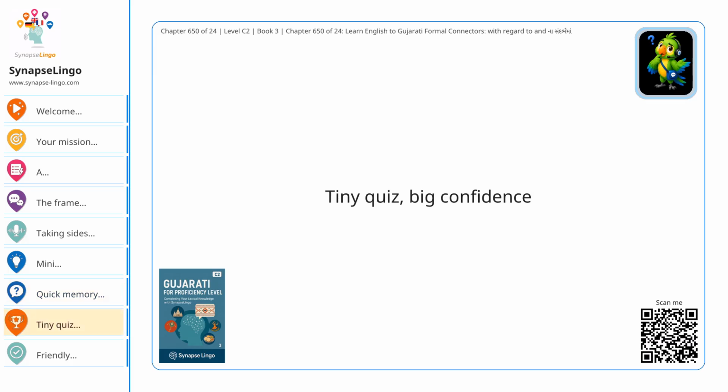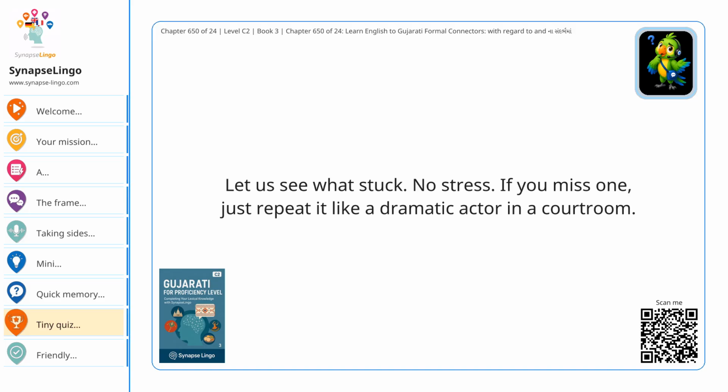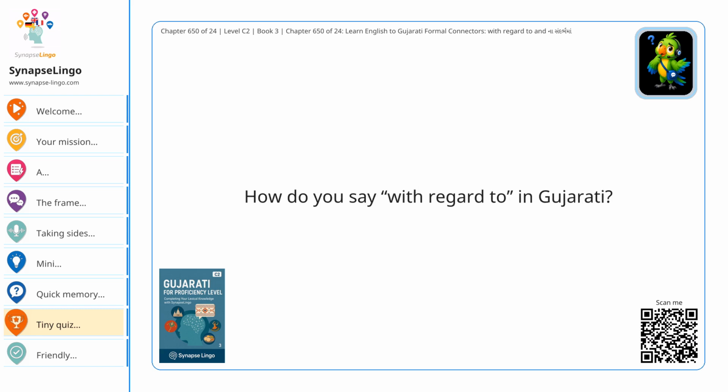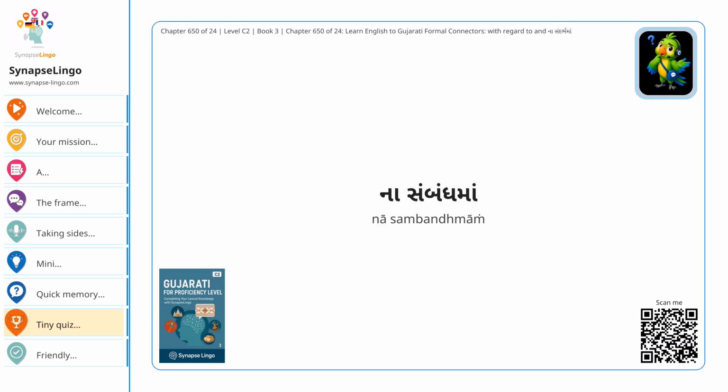Tiny quiz, big confidence. Let us see what stuck. No stress. If you miss one, just repeat it like a dramatic actor in a courtroom. How do you say, with regard to, in Gujarati? ના સંદર્ભમાં. How do you say, in relation to? ના સંબંધમાં.